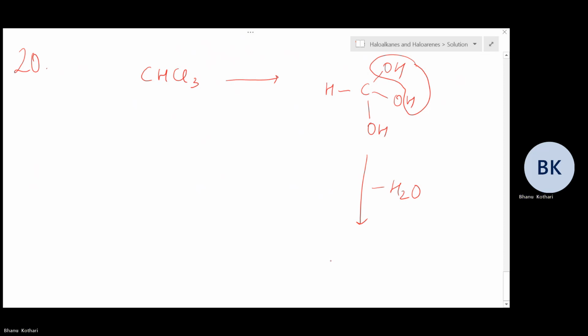We'll get a carbon-oxygen double bond and OH. Formic acid will form. Since basic medium is present, this formic acid will get deprotonated as well. HCOO minus will be the final product.